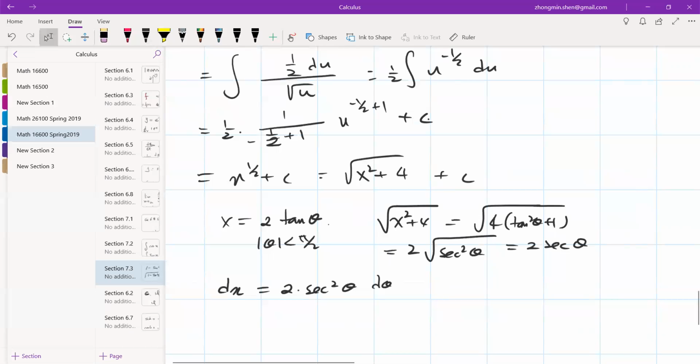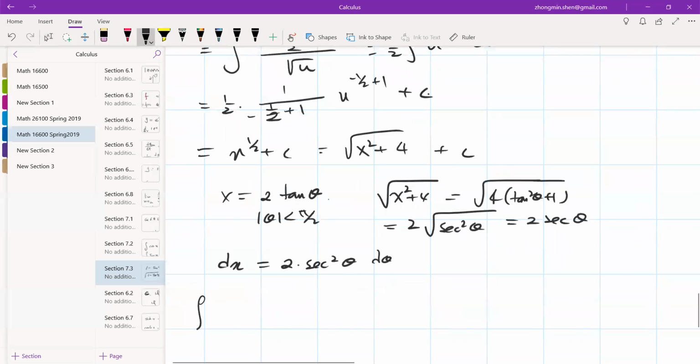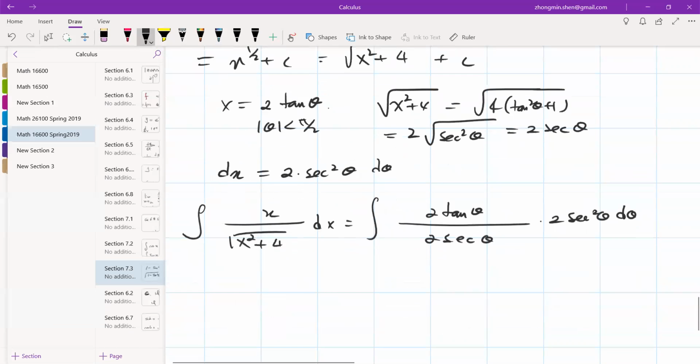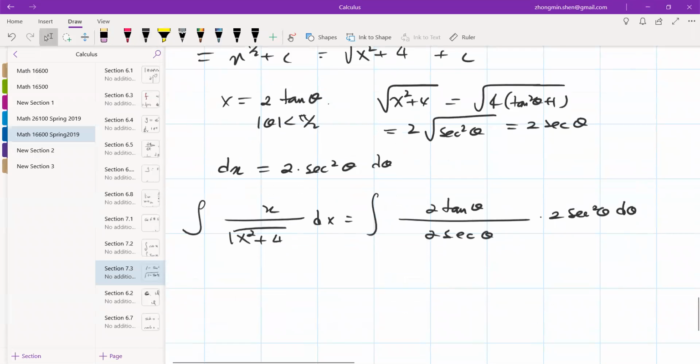Okay, so put everything into the integral. X is going to be 2 tangent theta, and the denominator is 2 secant theta. And dx becomes 2 secant squared theta d theta. Let's see if we are able to simplify.